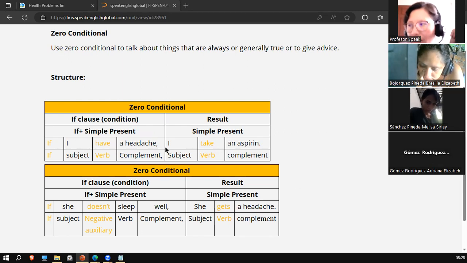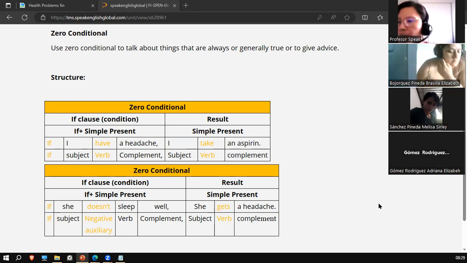So I need if, que sería nuestra condición en español, sí, ¿verdad? Luego subject, verb, and complement. Coma. Don't forget the comma. Acá hay una coma. And then again, the second clause with the result, subject, verb, and complement.